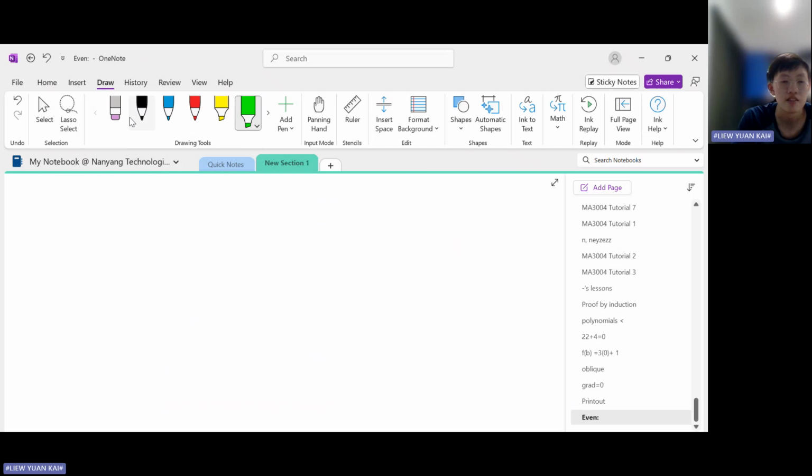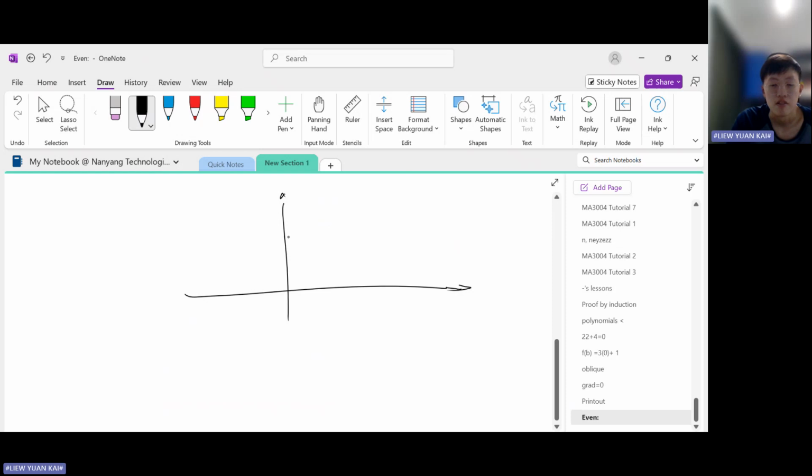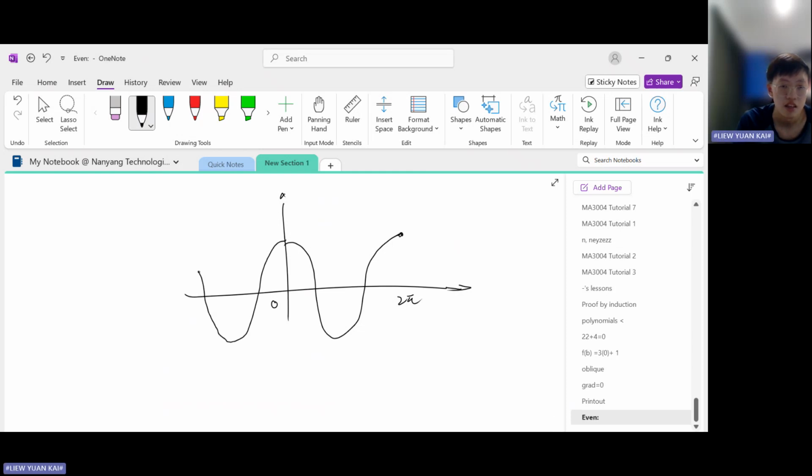So let's take a look at cosine. As you know, cosine for 0 to 2 pi should look like this. If I extend this to the left, into the negative x region, it will look like this. You see?